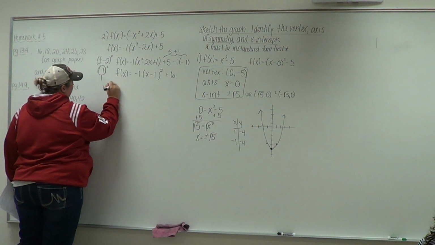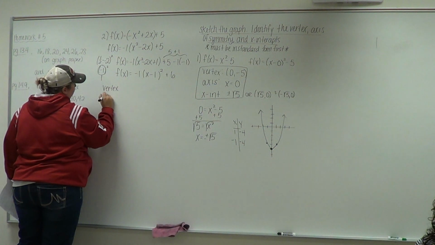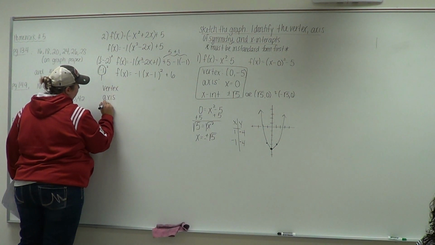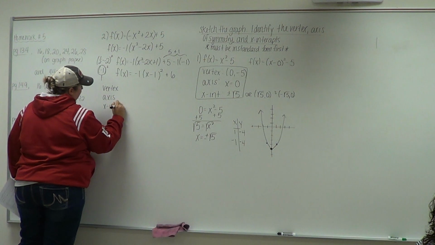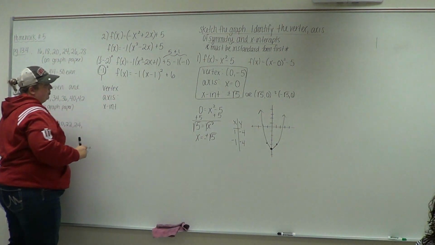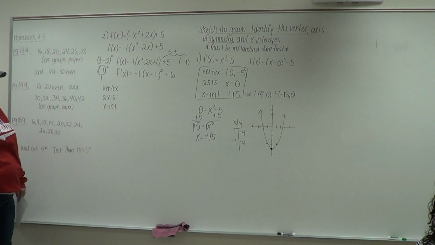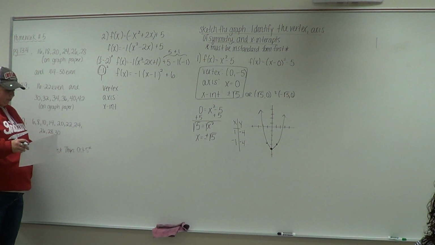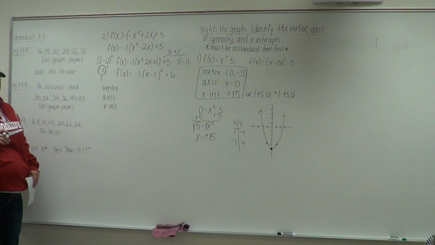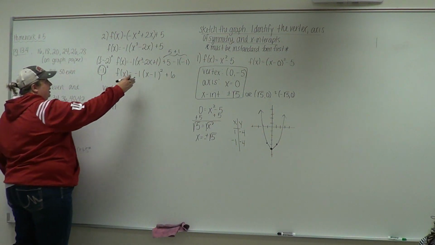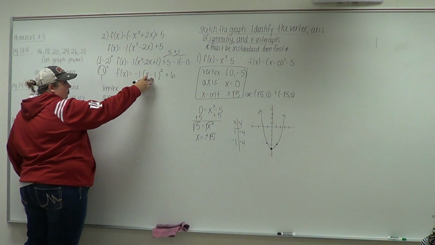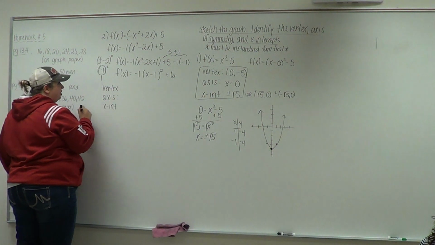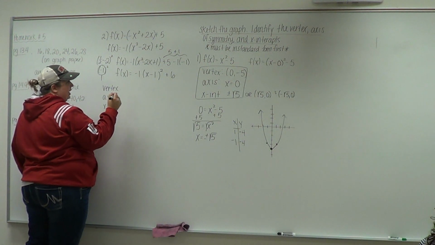So now we can find the vertex, the axis of symmetry, and our x-intercepts. Okay, so vertex, when we take this number out of the middle, whatever's in parentheses, the sign changes because the formula is minus.